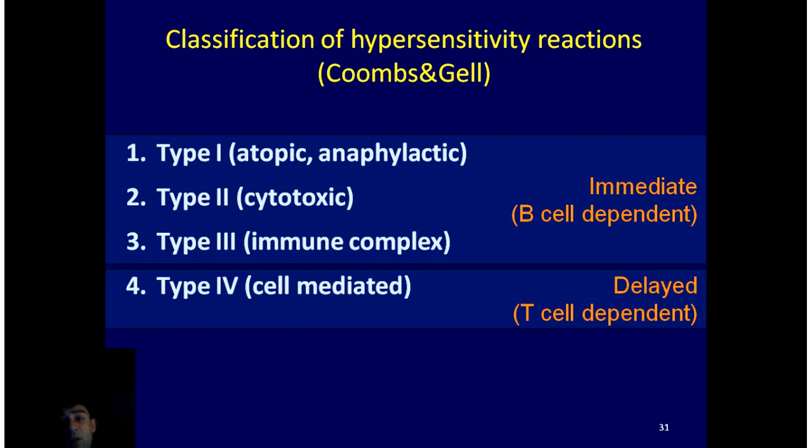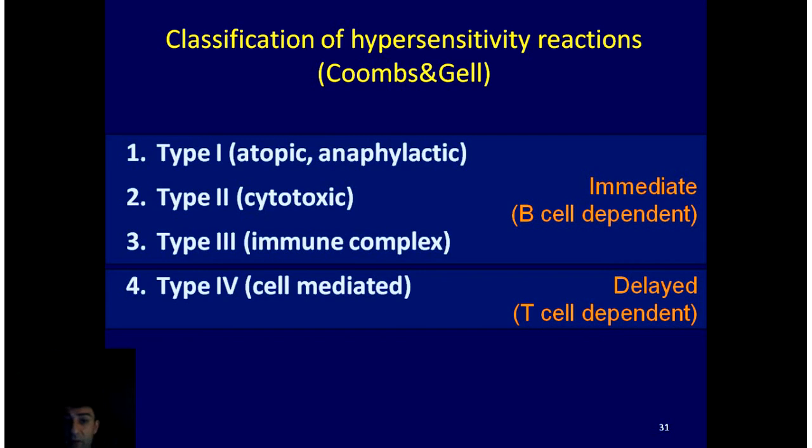Whether immediate or delayed, it is about how much time passes after the second exposure to the allergen. An immediate response happens within seconds, sometimes 2 minutes, and then hours for B-cell dependent responses. T-cell dependent type 4 hypersensitivity typically takes more than a day, usually 48 hours or so.